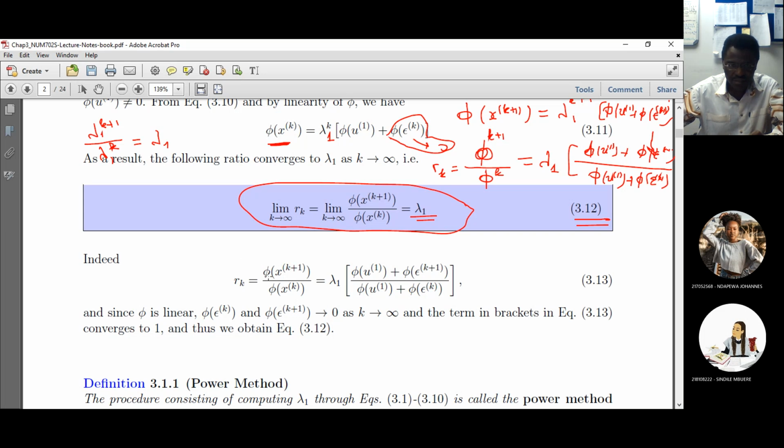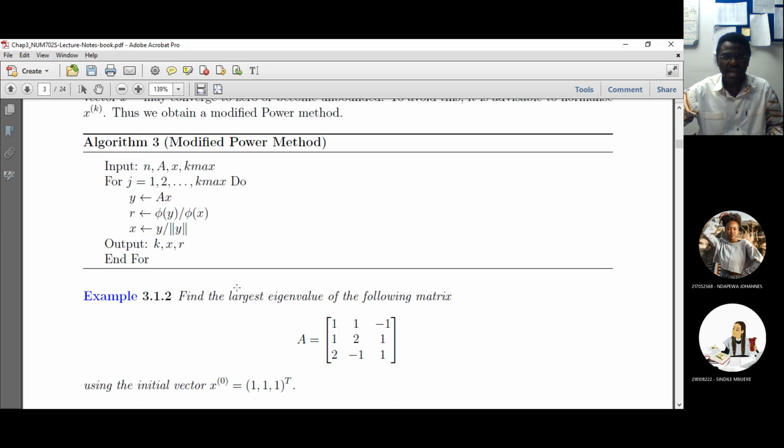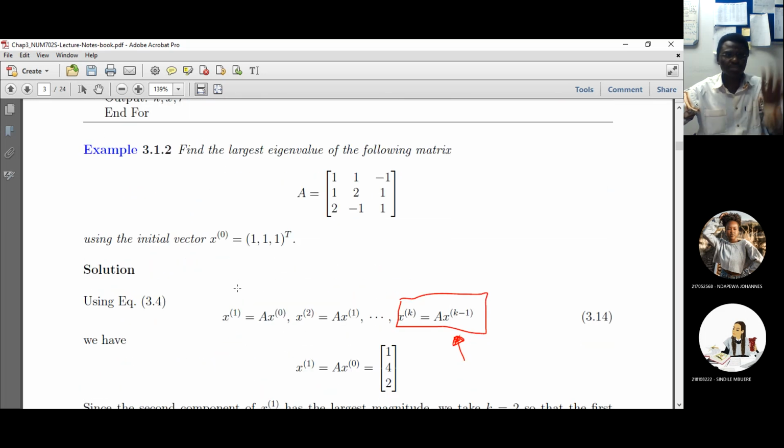Now, what is our phi? Because remember, we need to find our phi and then take the ratio to get an approximation of r_k. Now, phi in our case will be the projection mapping. What is a projection? Let's say I have a vector in R^n.